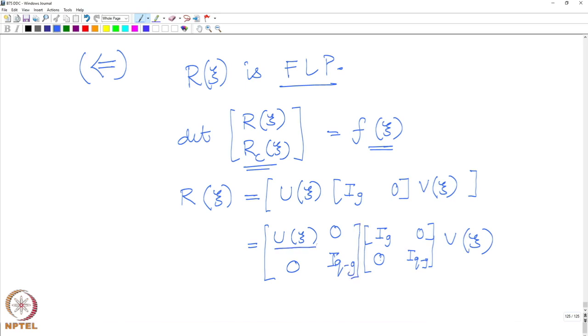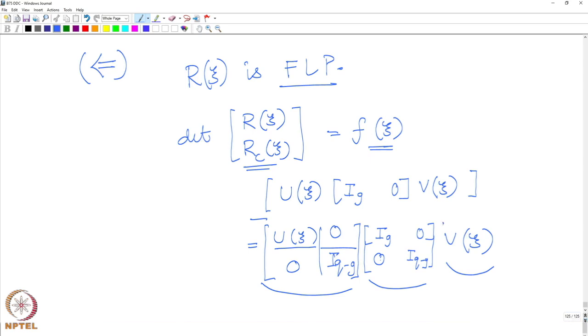This was a g by g matrix, this is a q by g matrix, and this is a q minus g times q minus g matrix. So overall this is a q by q matrix, this is q by q, this is q by q, so it is a square matrix. This is not R xi anymore; I have just done this extra bit of trickery on this. Now, what can we say about this matrix?